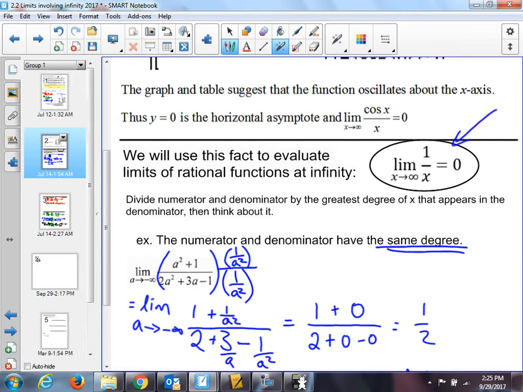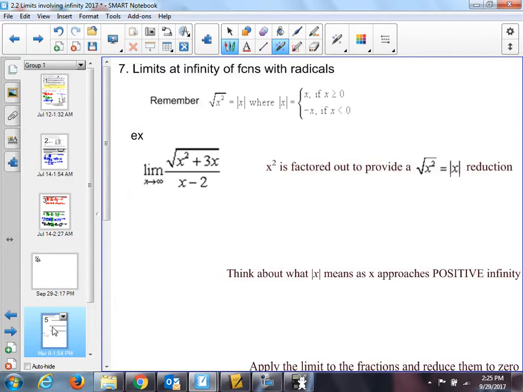Yesterday, the basic rule that you really need to know is that 1 over x, if you take the limit to infinity, you're squeezing it down to 0, right? Here's one thing that we're going to use over and over again. It may have been mentioned before.